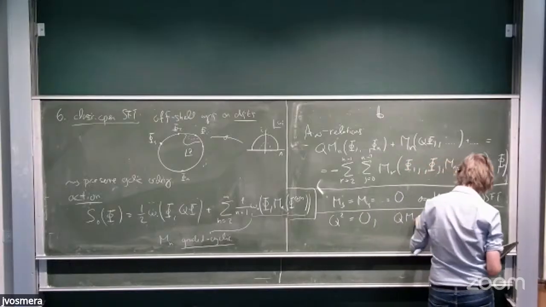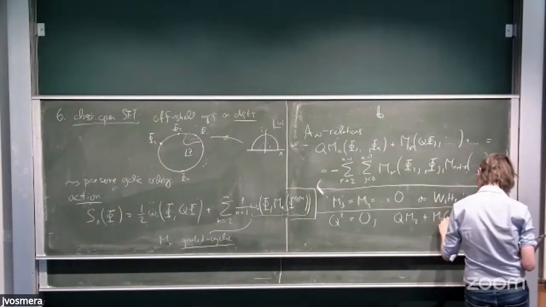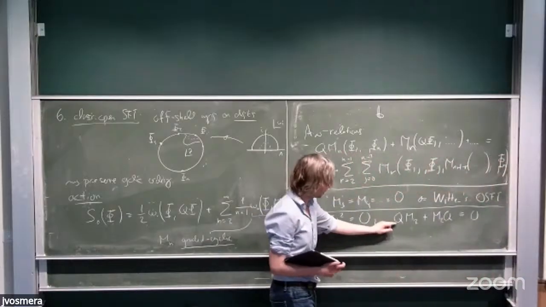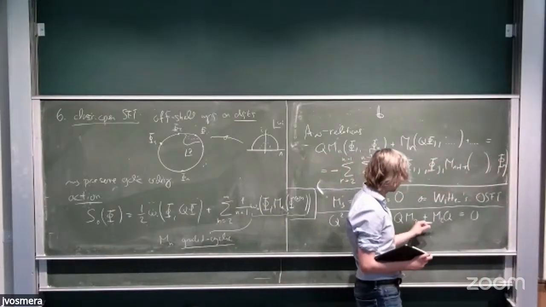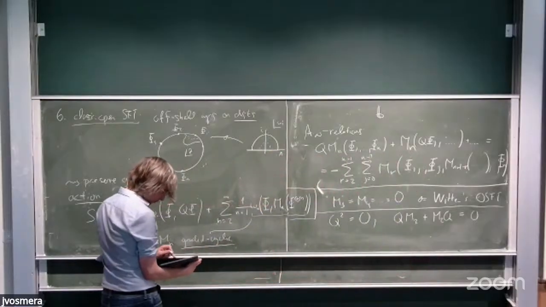Schematically, that can be written as saying that Q commutes with M2. So this is saying that acting with Q on the output of M2 is as good as acting with Q on the inputs. So Q is a derivation of M2.